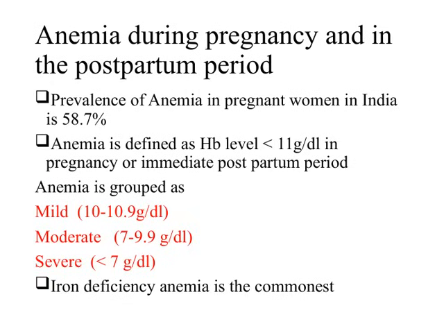This highlights the importance of addressing iron intake and deficiency management in maternal health programs. Understanding these distinctions helps us better target interventions and improve outcomes for both mother and baby, fitting into our overall goal of enhancing maternal health care.